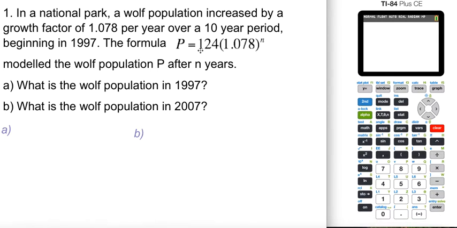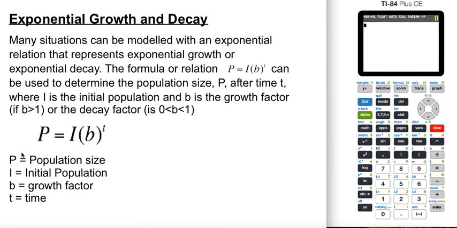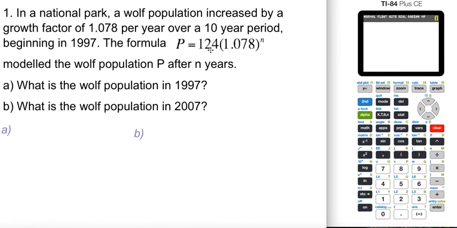From our equation, where I is our initial population, we can look at this equation and see that in 1997, our initial population was 124. So realistically, without doing any math for this first question, which asks what the wolf population is in 97, I can simply look at this, and it tells me my initial population is 124. But let's put it in the equation just to check.